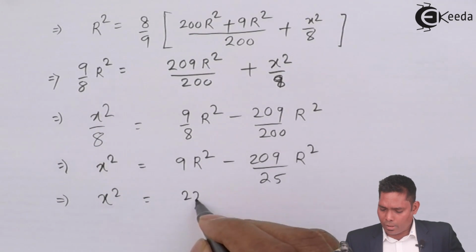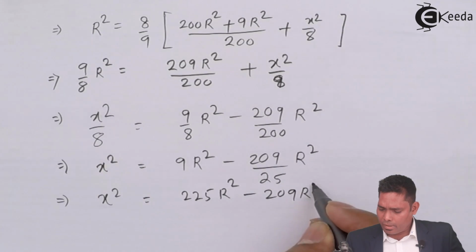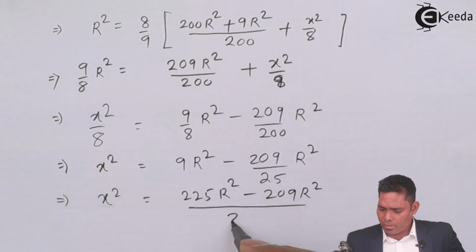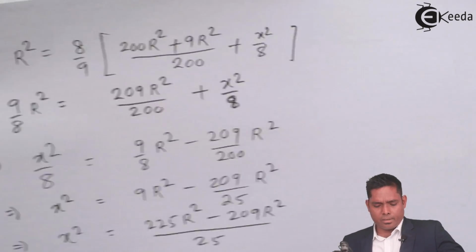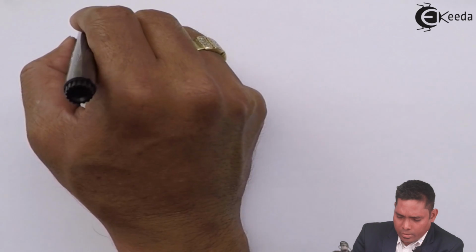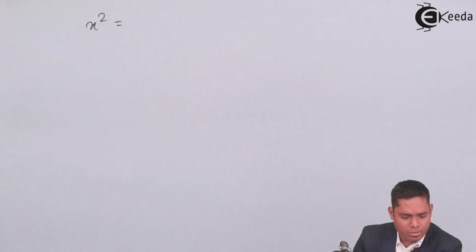So 225 r square minus 209 r square divided by 25. If we solve this again, I'm just copying it out. X square is 225 r square minus 209 r square, that I have calculated just now.